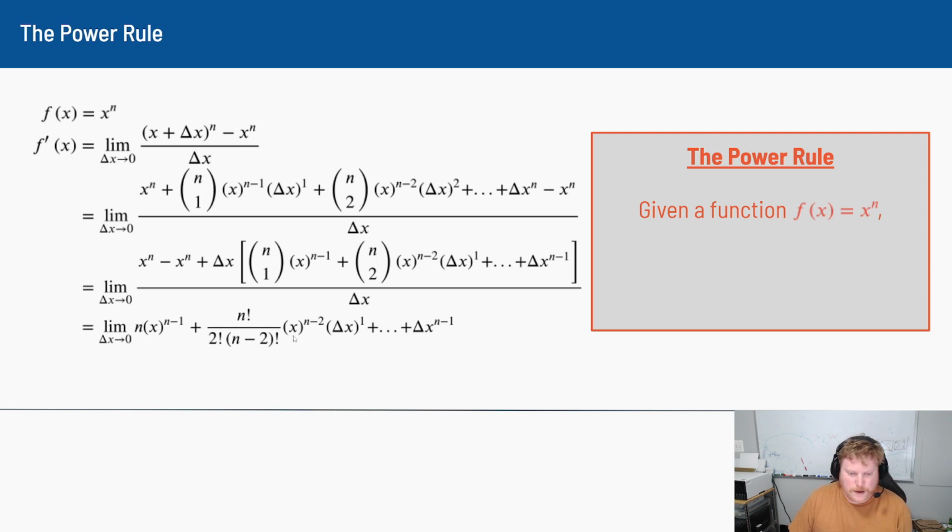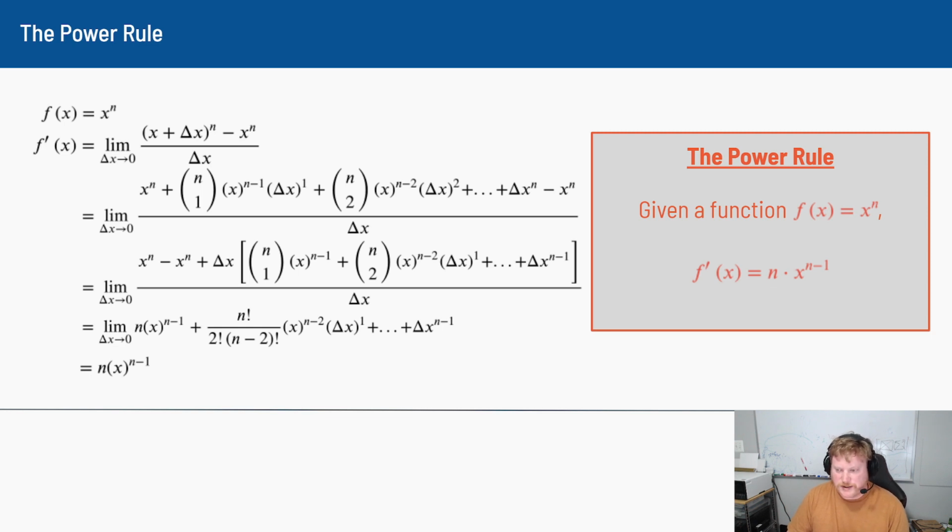Okay. So what we'll see now is that every term except for the first term here, every term has a delta x in it. And since we're taking the limit as delta x approaches 0, the only term that's left is this first one, which is n times x to the n minus 1, which is exactly the power rule for the derivative of x to the n.